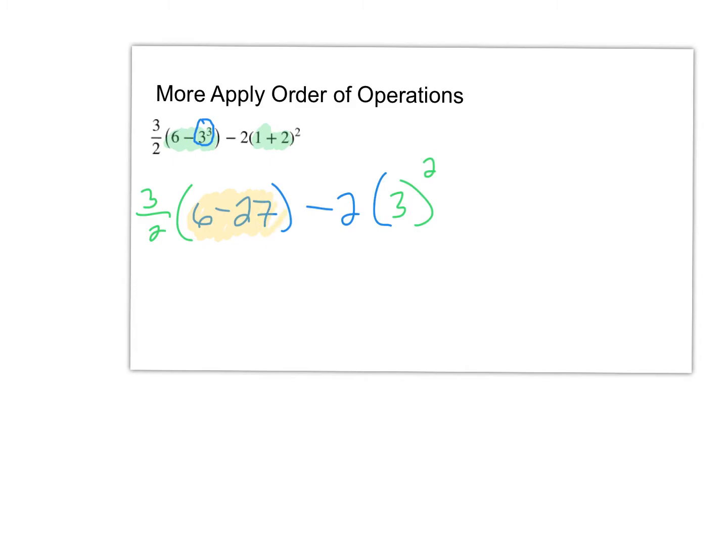The answer is no. So we have more work to do. So we're going to have the 3 halves still there. Now 26 minus 7 is negative 21. But when I look in this parenthesis, is there any more work to do? And the answer is no. It's all done. So therefore, that stays as is right now.